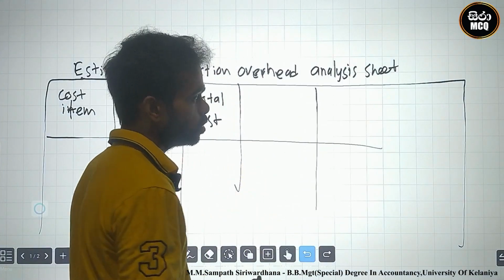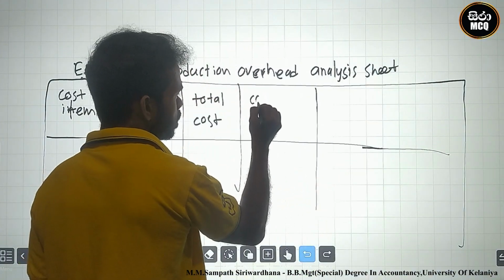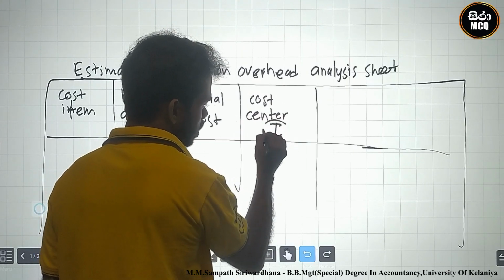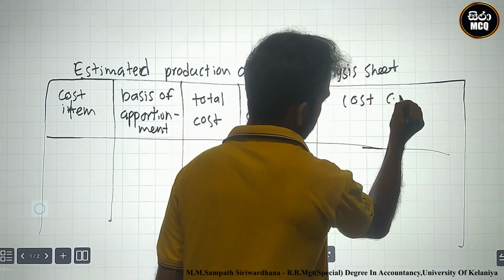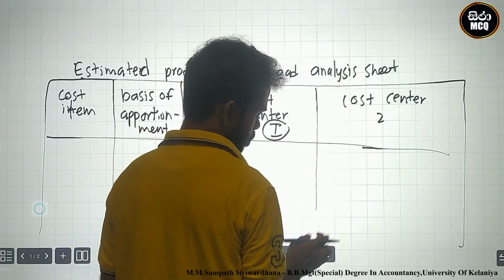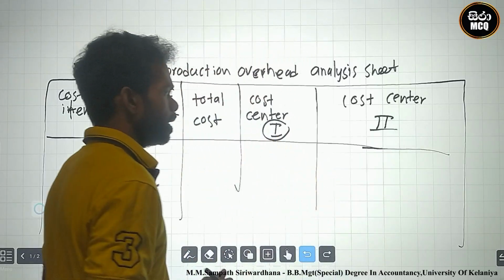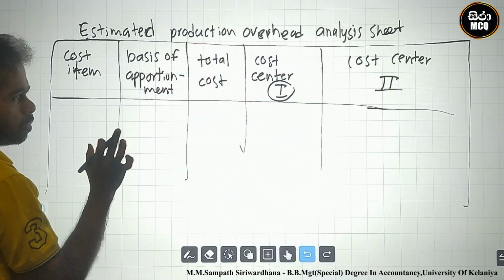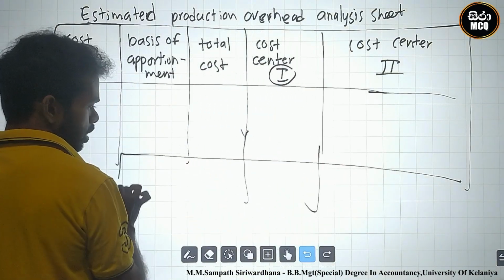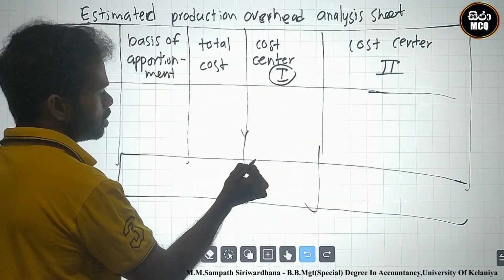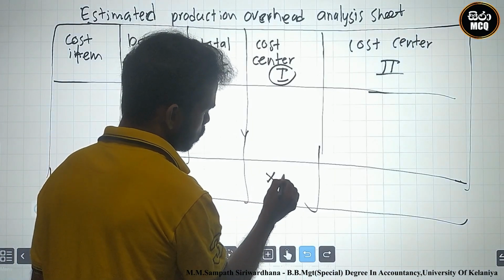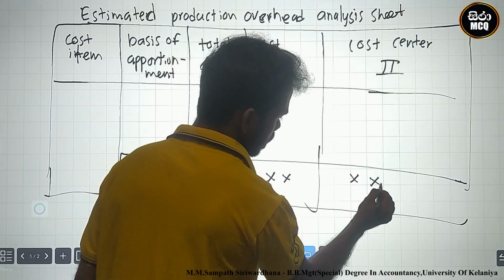There are two cost centers, therefore I identify cost center 1 and cost center 2. After preparing this statement, you find some answers. For example, there is a cost we can identify for this cost center and this cost center separately.